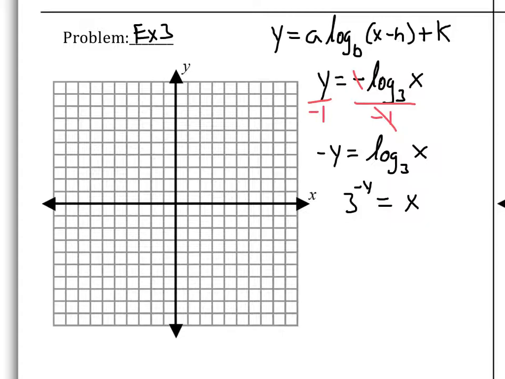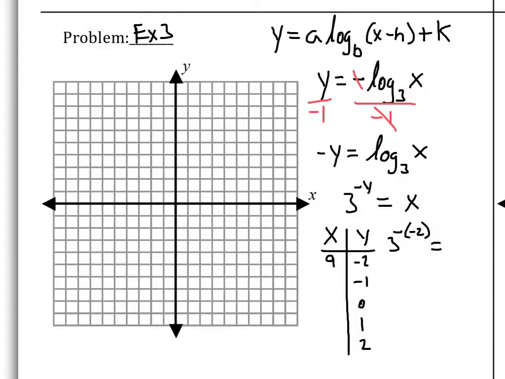Okay? And so really all this does for us now is it changes slightly how we're going to plug in our points. Because now if I'm plugging negative 2 in for y, I have 3 raised to the negative 2 power. Makes it a positive 2. So I really have 3 squared, which is 9.